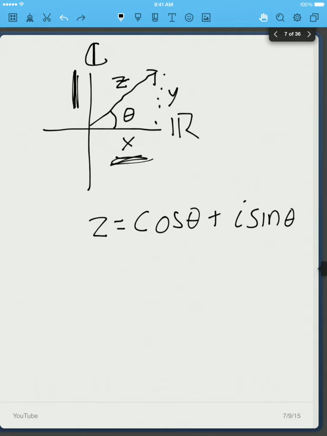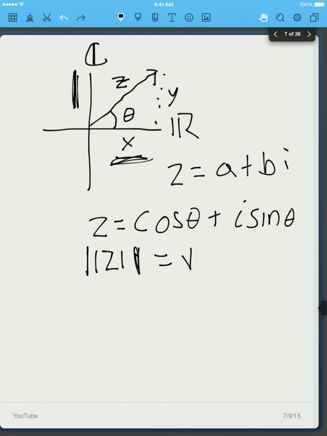What's interesting is that geometrically we can say some things from this picture. The magnitude of z, the length of it, if we denote a complex number as z equals a plus bi, then from the Pythagorean theorem, because we have a right triangle right here, the magnitude of z is equal to the square root of a squared plus b squared.